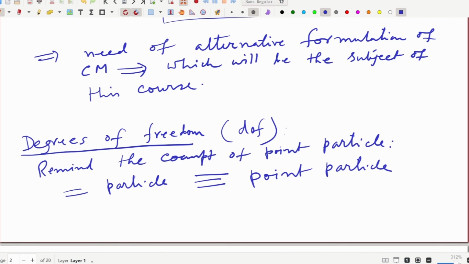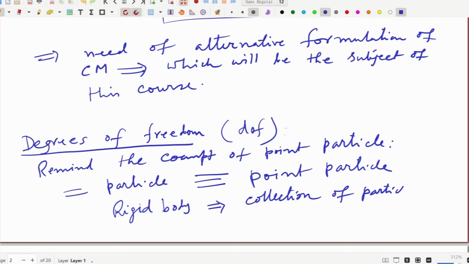The extended particle, of which one example is the rigid body, is another concept that will be used in this course. A rigid body is a collection of particles or point particles.